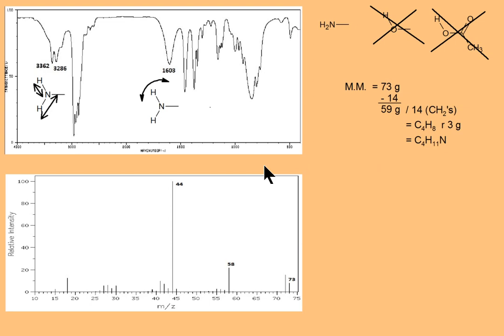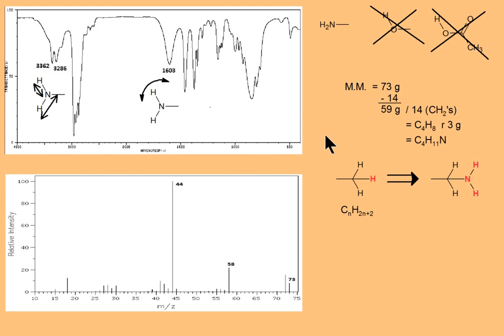Now notice that that puts us beyond what we'd normally expect our saturation limit to be when we've got 4 carbons. That is that an alkane would be CnH2n+2. So carbon is 4, the hydrogen would be 10 at most, but we're up at 11. But it's the presence of the nitrogen which explains that.